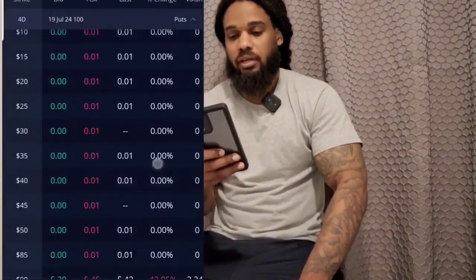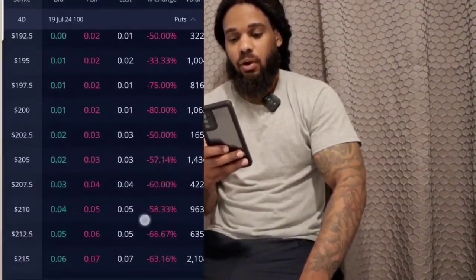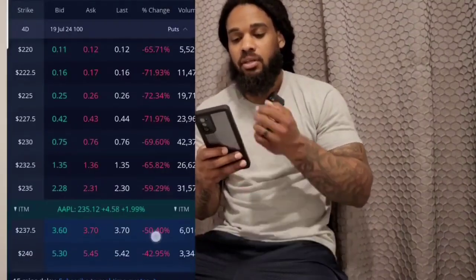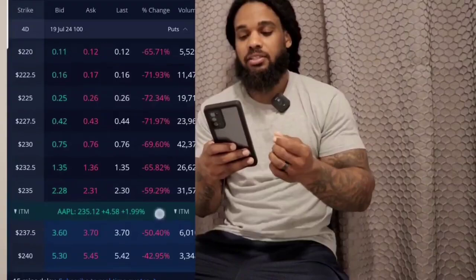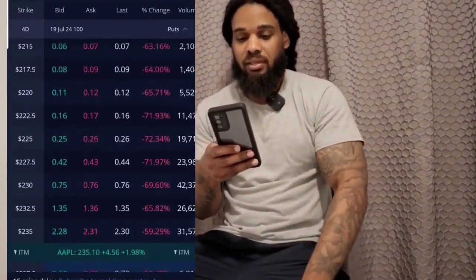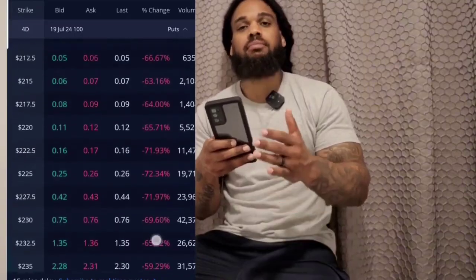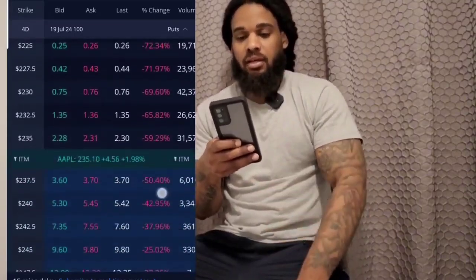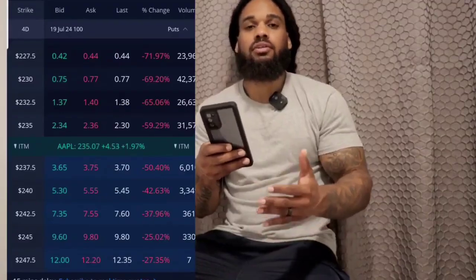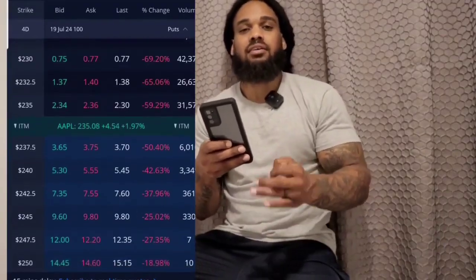So when you look at the different strike prices, you have in the money and out of the money. For puts, in the money is pretty much when the strike price is above the current price of the stock, and out of the money is below the current price of the stock.